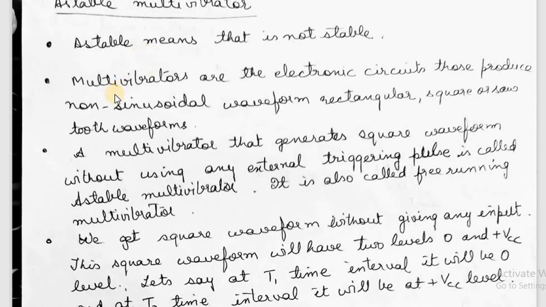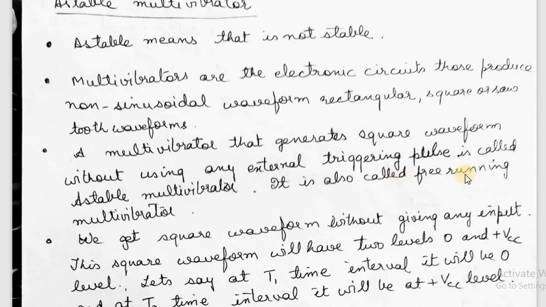Now if we go into the definition, multivibrators are electronic circuits that produce non-sinusoidal waveforms: rectangular, square or saw-tooth waveforms. A vibrator that generates square waveform without using any external triggering pulse is called an astable multivibrator.